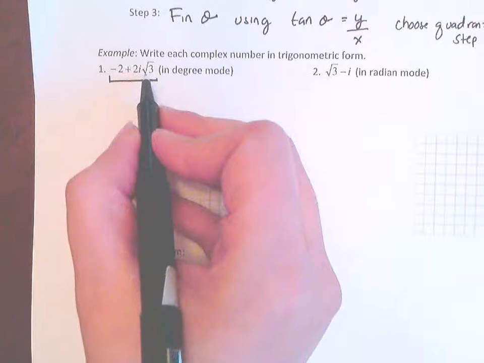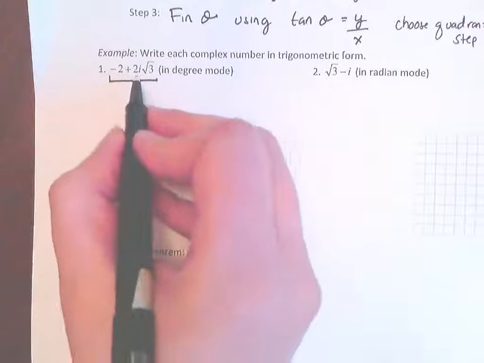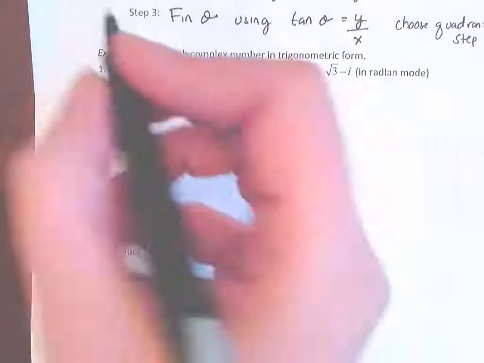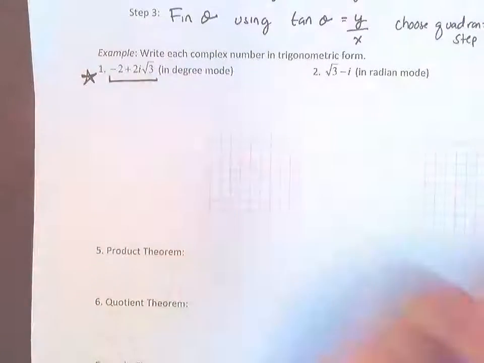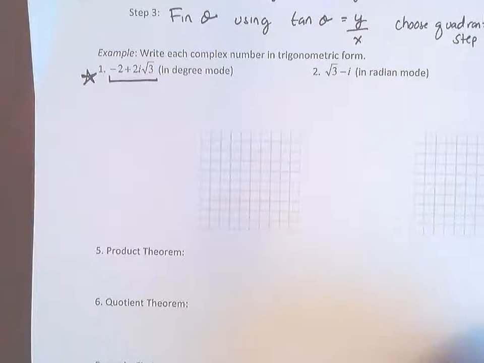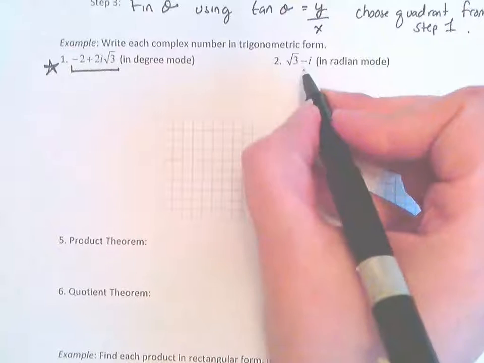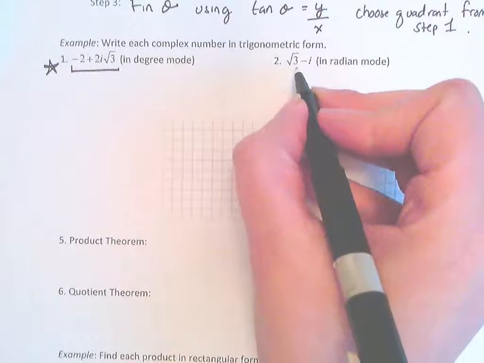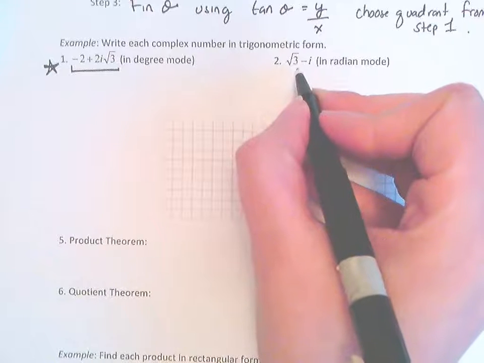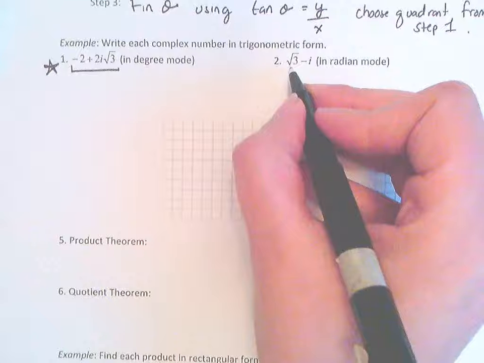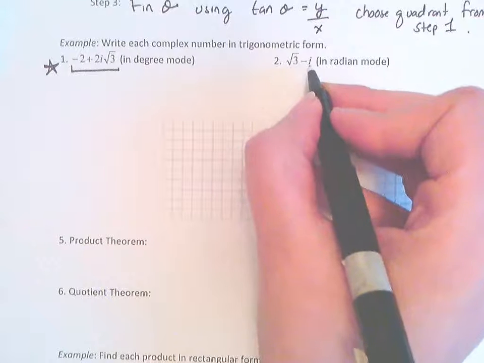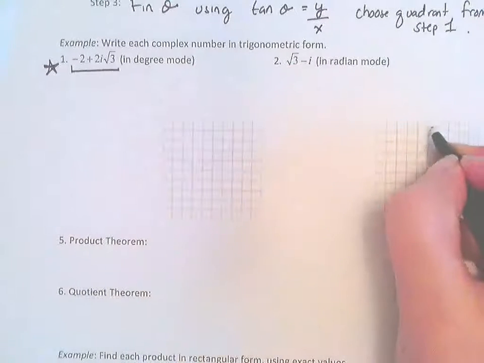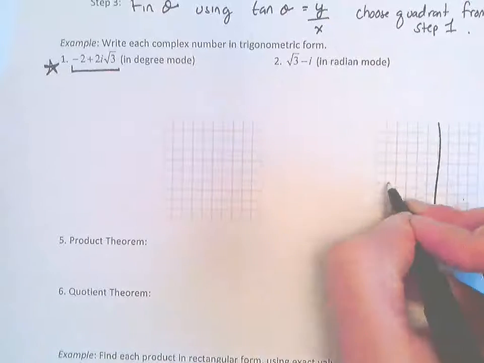Let's start with the one that's a little easier, and it's not easier or harder, it's just one that we can do in class. The only reason that this one is easier is because there's one real number and one imaginary. So when we graph this, that's step 1, let's graph this guy.